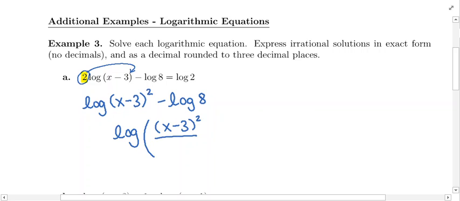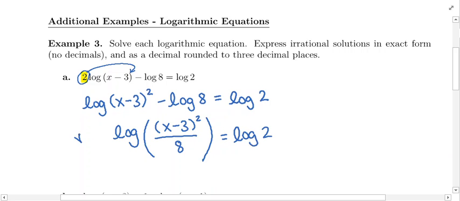The denominator is going to be the second quantity, or 8. That's how the two logarithms on the left correctly combine into a single logarithm. On the right side of the equation, we have log of 2. That's a single logarithm, so we don't need to combine it with anything else. I'm just going to carry it down.